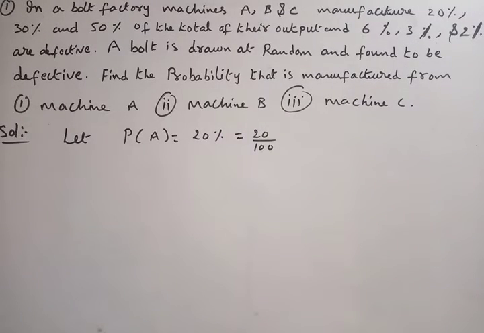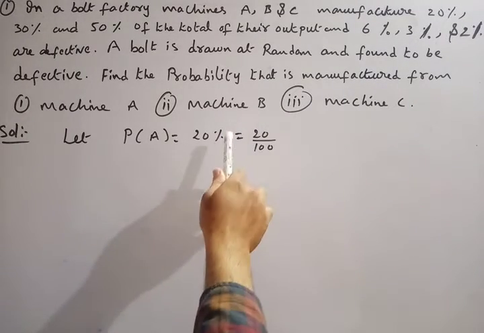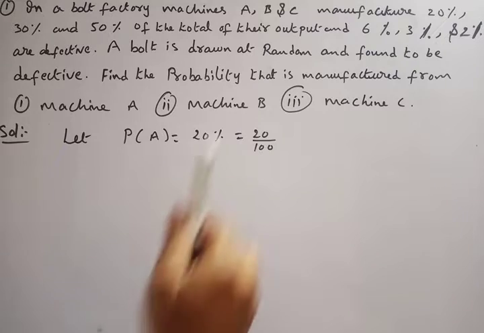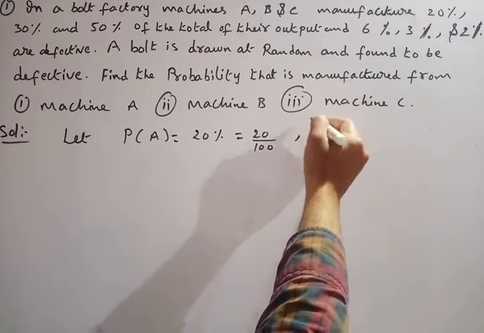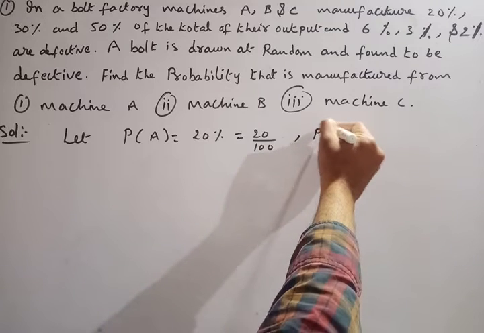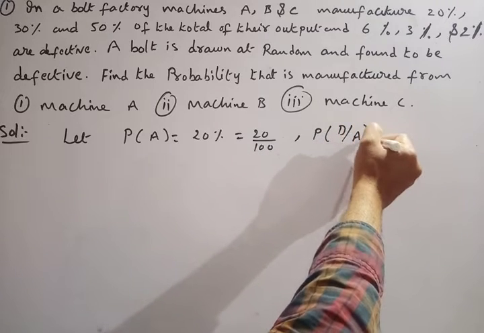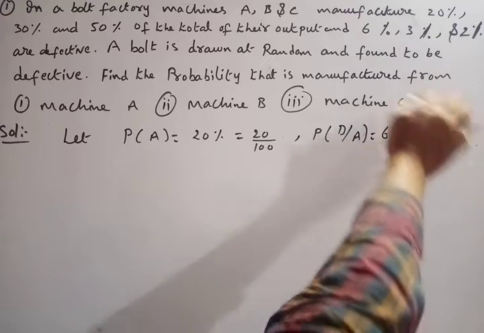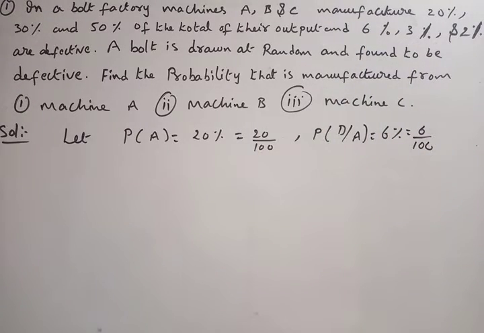Correct? Then what is defective? If I take defective as D, then P of D given A is how much? 6%, that is 6 by 100. Correct?